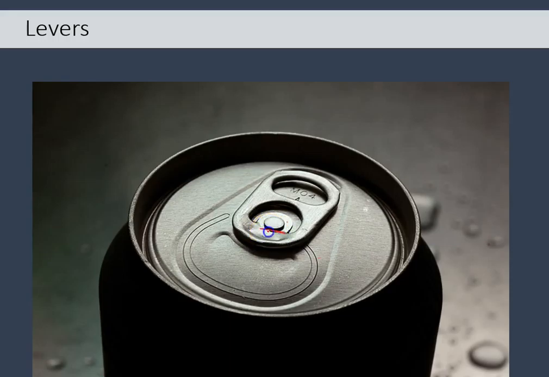So here's your pivot point right there, and you're going to lift up here. That is your F in, and this part of the tab right here is going to push down with more force than what you put in. So every tab on a soda can is in fact a lever. So you use machines all the time. You don't even know it.